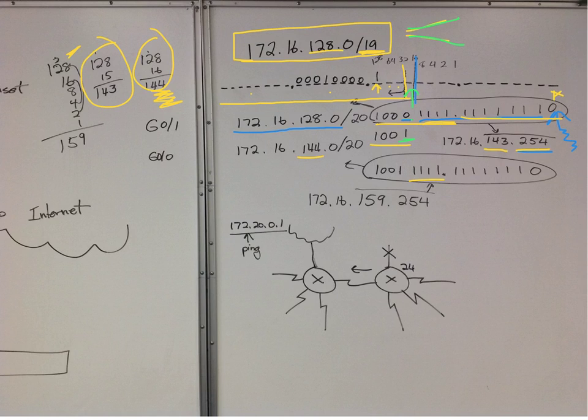You have 128 here, 16, 8, 4, 1, and 2 to get that address, and that's how we got to 159. Because it's the last address, so we had to add. Let me change colors here. We had to add this group together to get the 159, and this to get the 254.